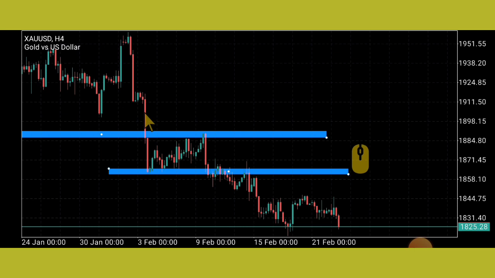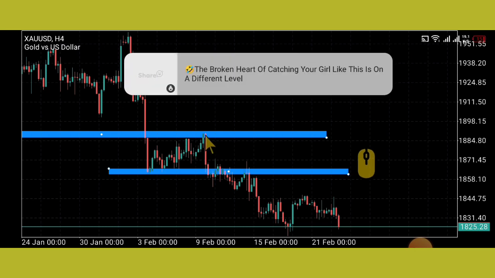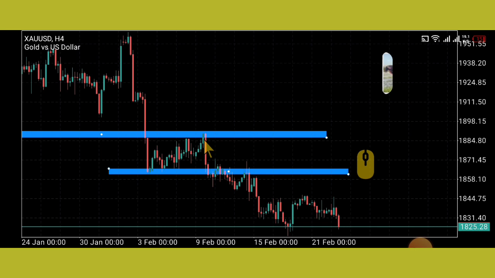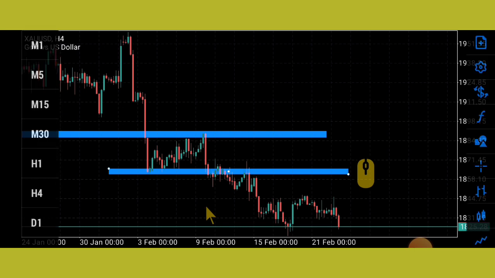This was a support here. The market came down, broke this support, and tested this one. We had a resistance here, a ceiling here, and then the market broke down the support again, and then tested it here as a ceiling.